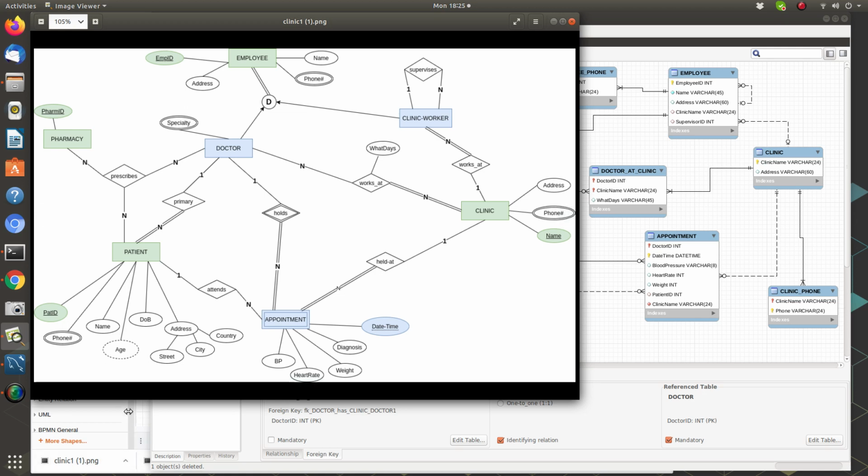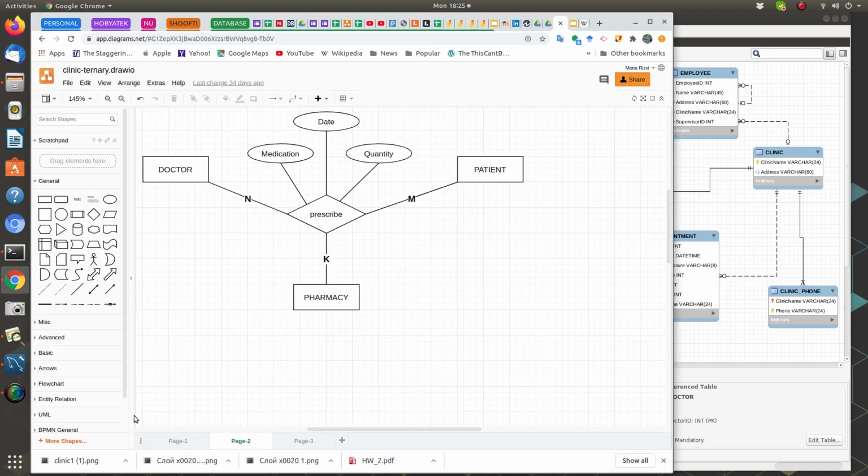So let's look at that here. If you remember from the lecture on ternary relationship, I imagined that this prescription relationship would actually have some more attributes: the date it was prescribed, the medication, and the quantity, and that prescription or prescribing involved the doctor, pharmacy, and patient, each one independently.